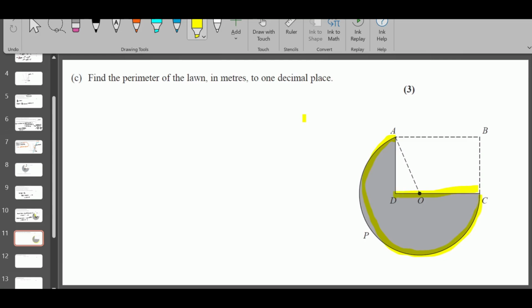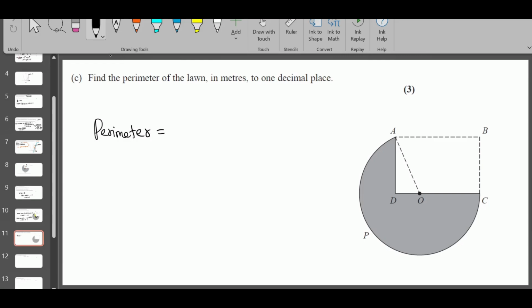This is 16. We know this length also. Using Pythagoras, you can find this length, square root of 12 square minus 4 square. But to find the arc length, the formula is arc length, or you can just write it as perimeter. Perimeter is equal to the arc length.